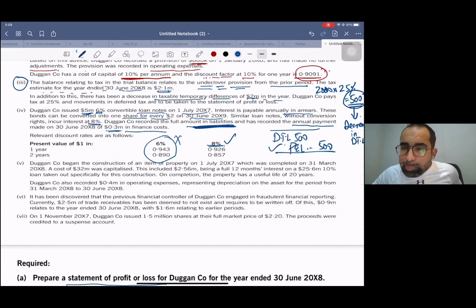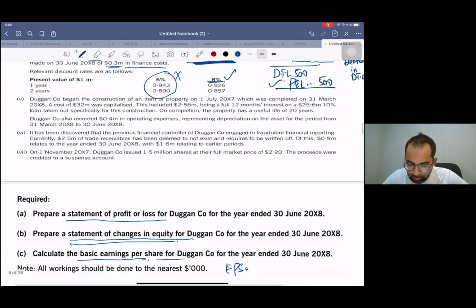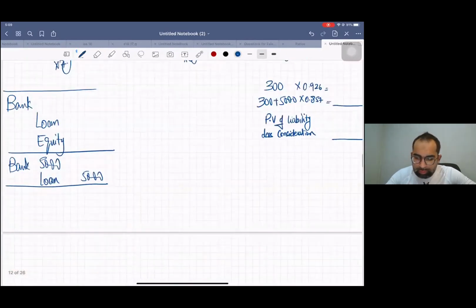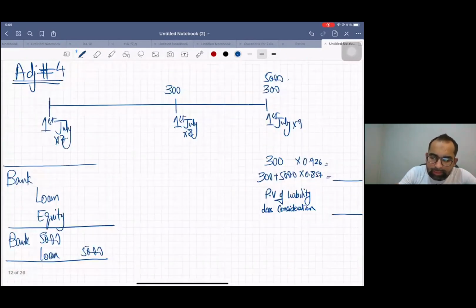Okay, so let's plot the cash flows and do the discounting. It's very easy, it's very routine. See, this is your accounting period, 1st July X7, then 1st July X8 and 1st July X9.